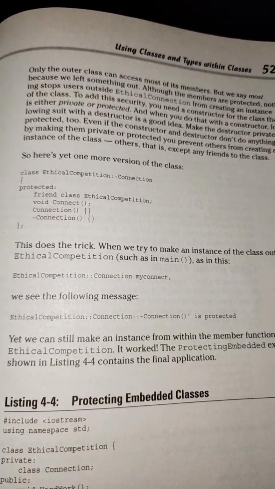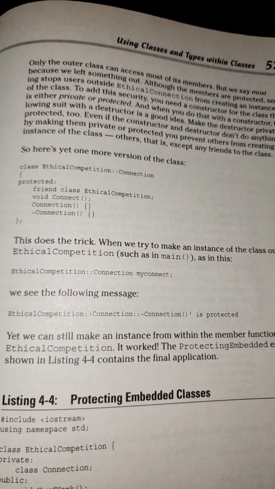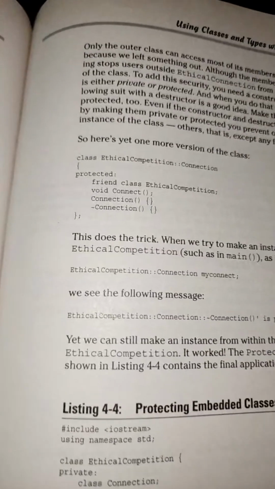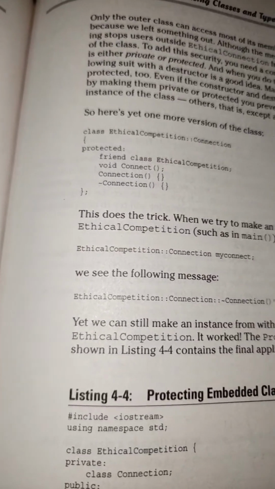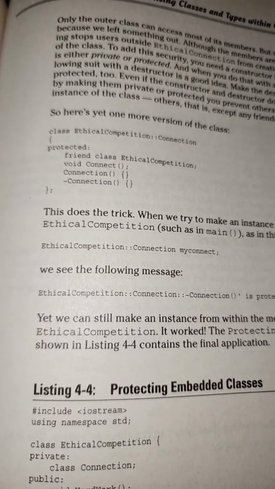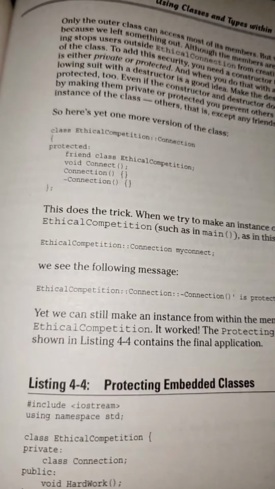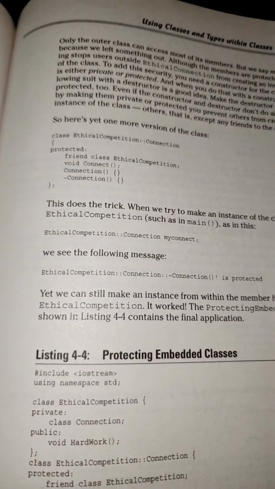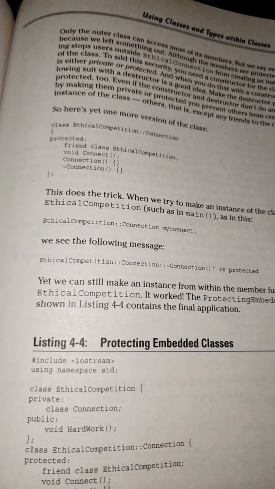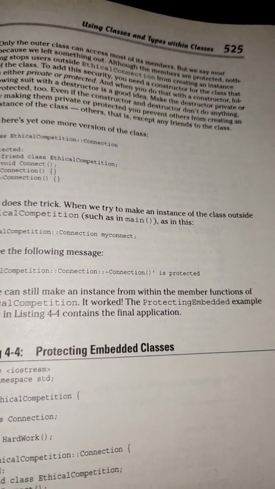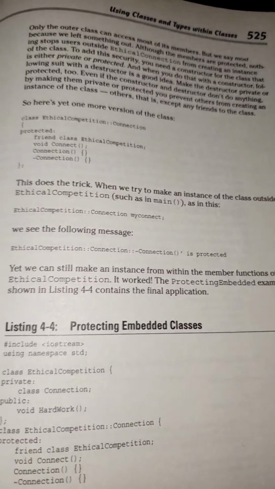When we try to make an instance of the class outside EthicalCompetition, such as in main, as in this, EthicalCompetition::Connection myConnect, we see the following message: EthicalCompetition::Connection::~Connection is protected. Yet we can still make an instance from within the member functions of EthicalCompetition. It worked. The protecting embedded classes example shown in Listing 4-4 contains the final application.